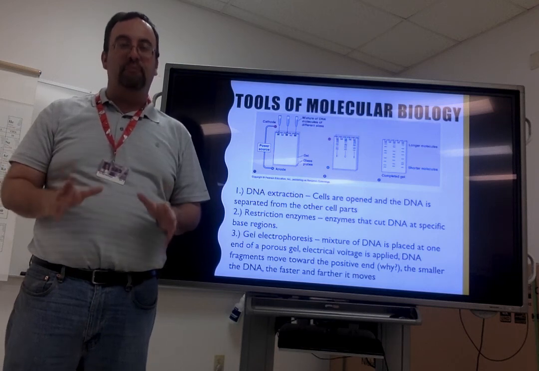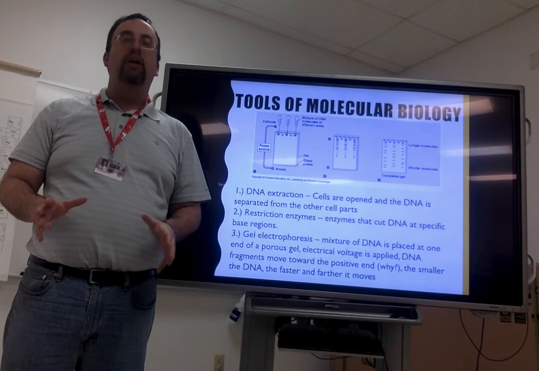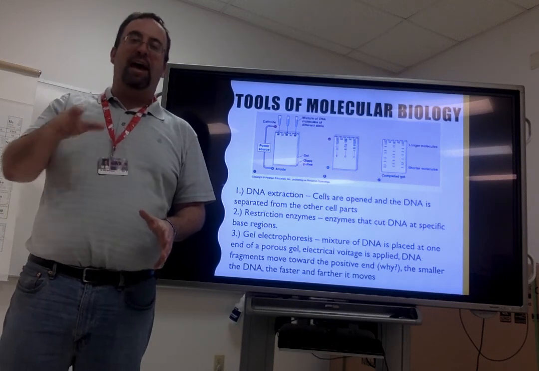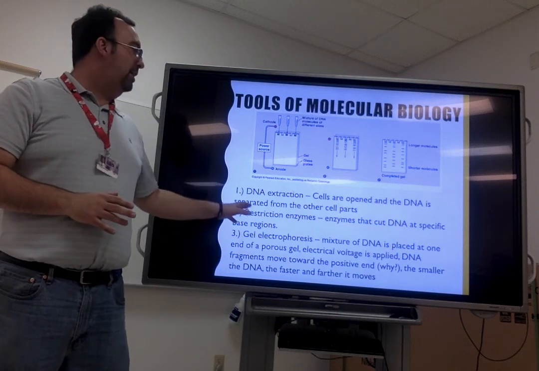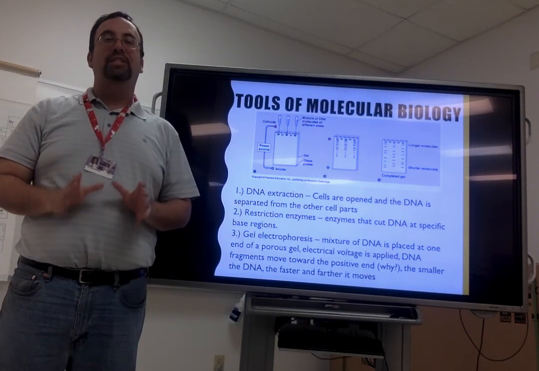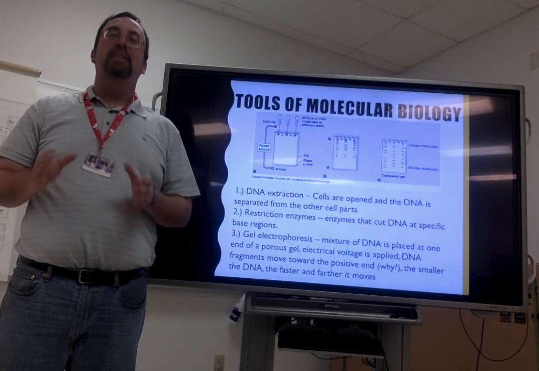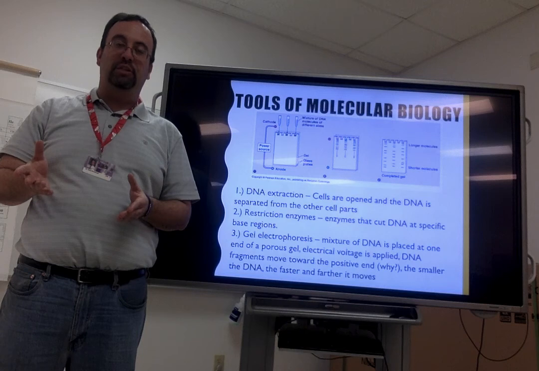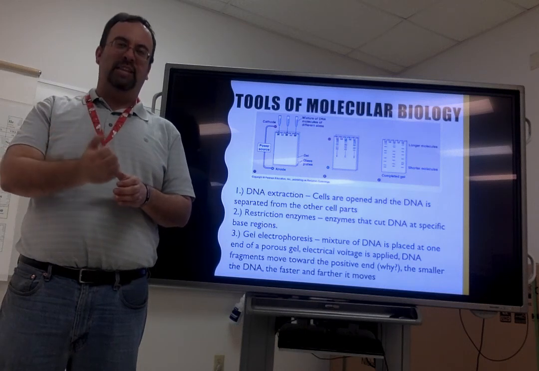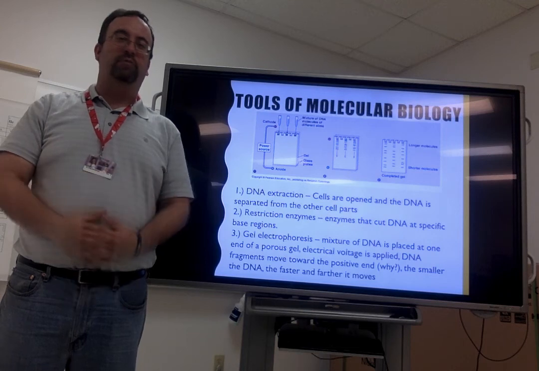If you think about the dryer in your laundry room, the dryer is spinning around very, very fast in order to drive the water off of your wet clothes. Using a centrifuge, scientists can spin down a sample of cells. The DNA will come out at a certain part based upon the speed of the centrifuge. Scientists then can extract the DNA from that and get rid of the cell waste.